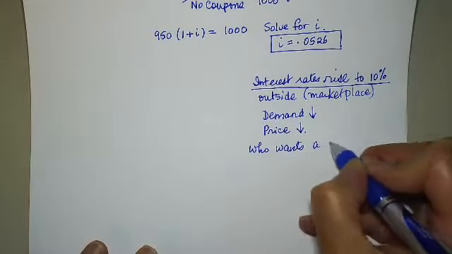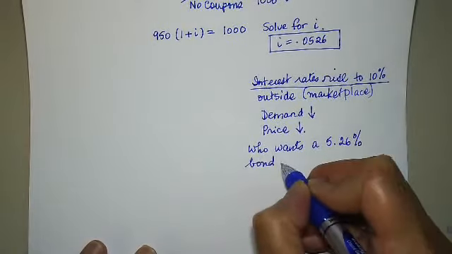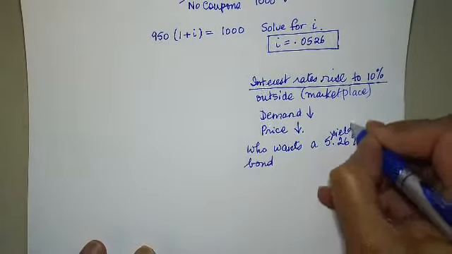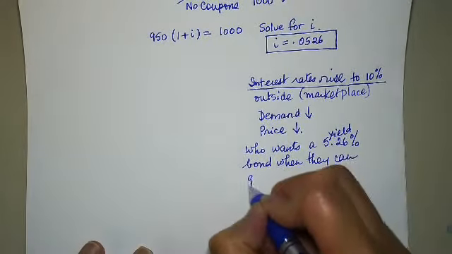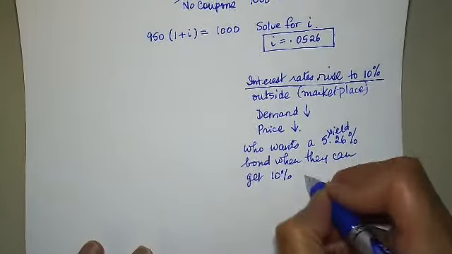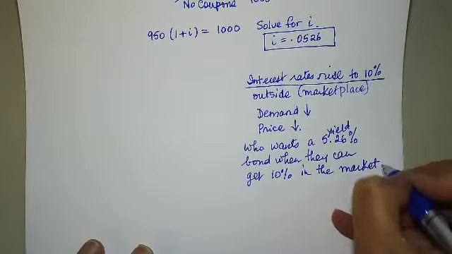So let's say here, who wants a 5.26% yield bond when they can get 10% in the marketplace?